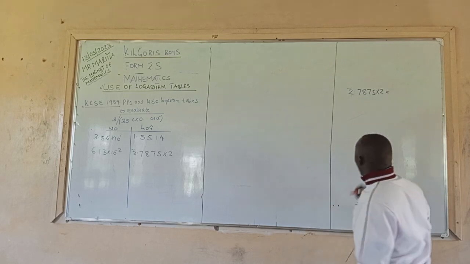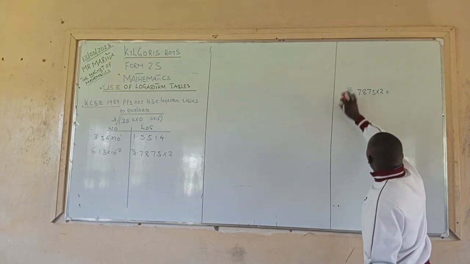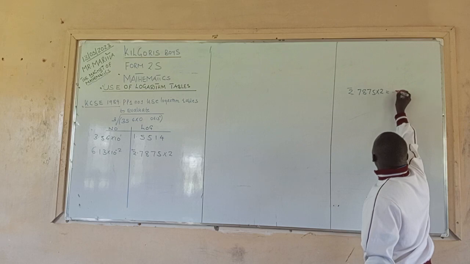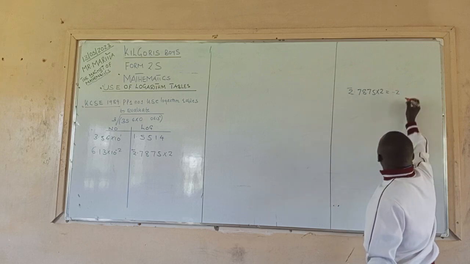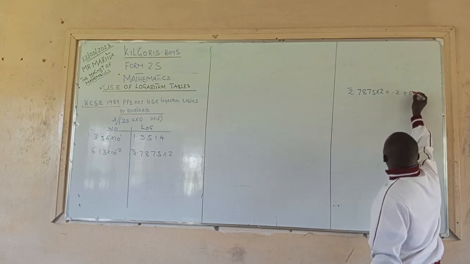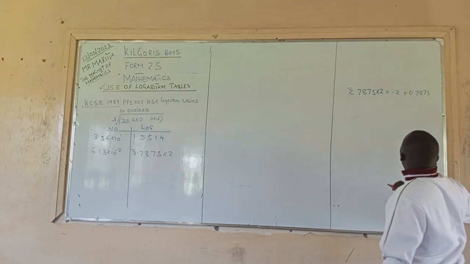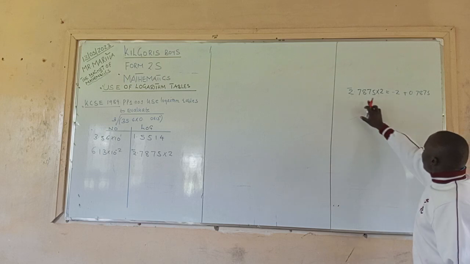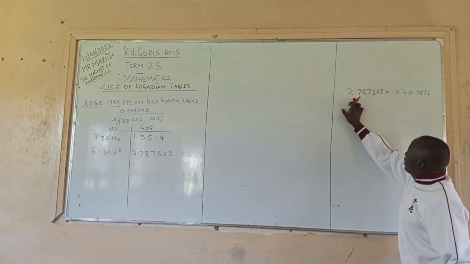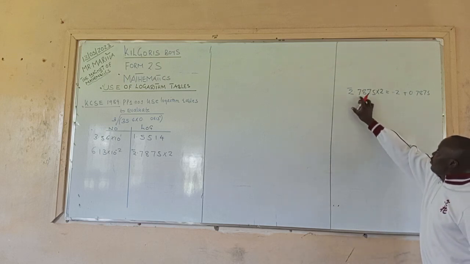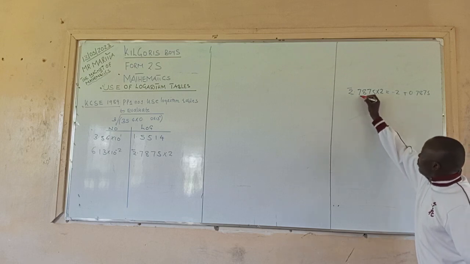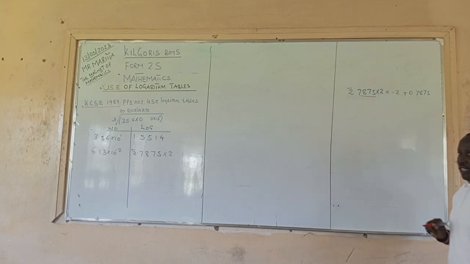We separate the characteristic from the mantissa. So we have negative 2, then plus 0.7875. This is the characteristic, and we have separated it from the mantissa. The mantissa is the decimal part.